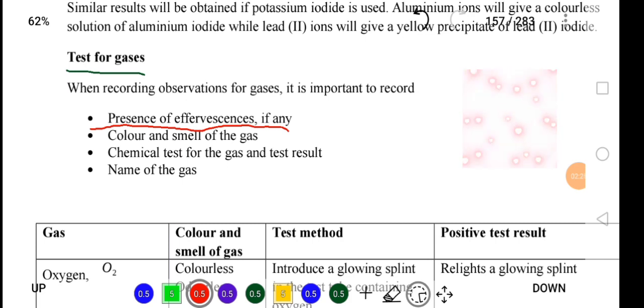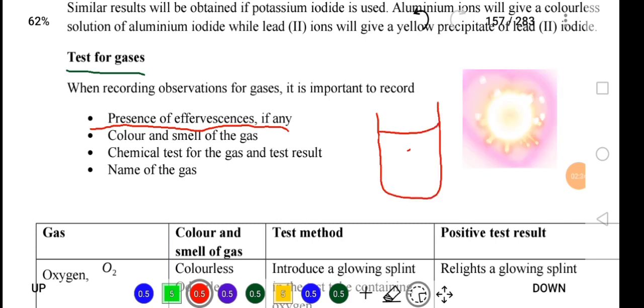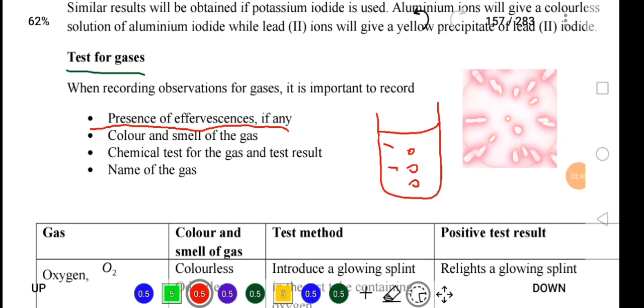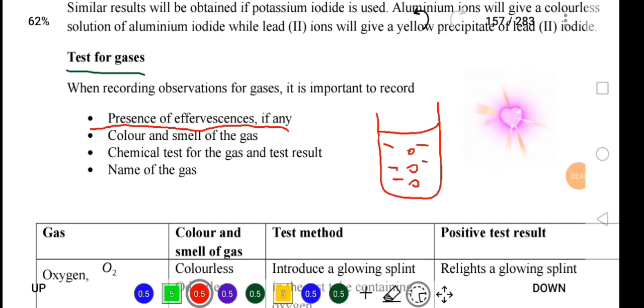Because when in a solution we have a gas which is being produced, we are going to observe bubbles coming out, informing us that a gas is being produced from such a chemical reaction.